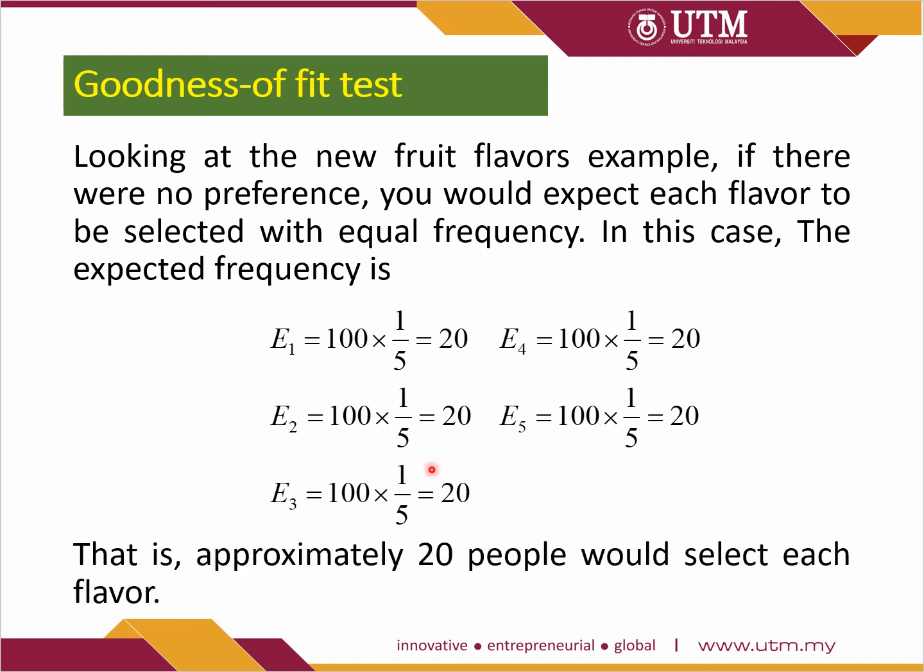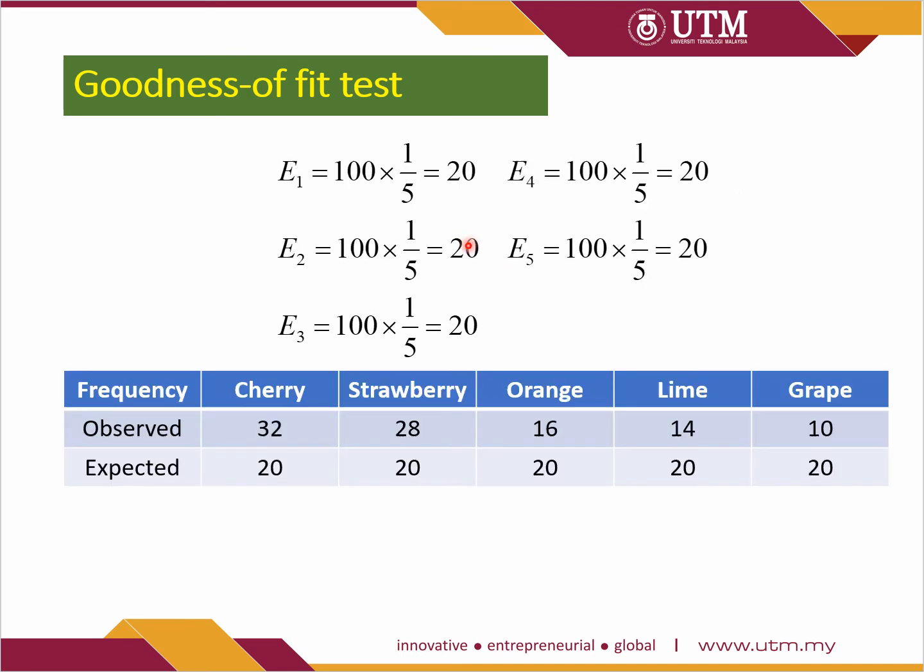So approximately 20 people would select each flavor. Remember that we would expect each flavor to be selected with equal frequency. Now I add the second row, which is the value for the expected frequency, 20 for each column.